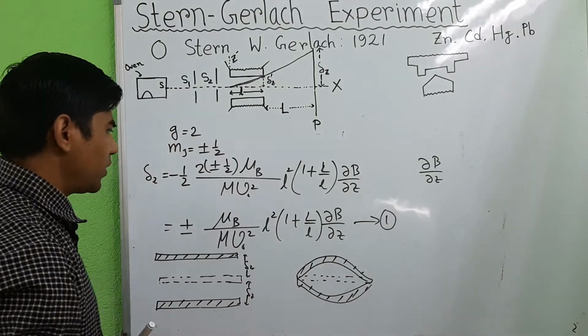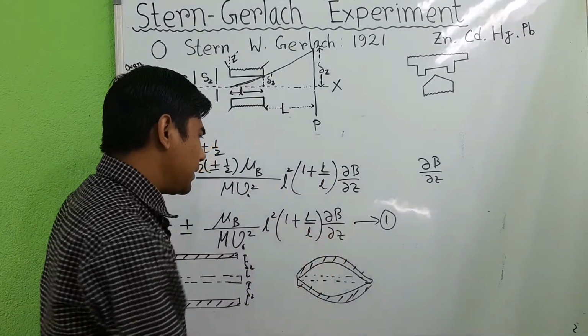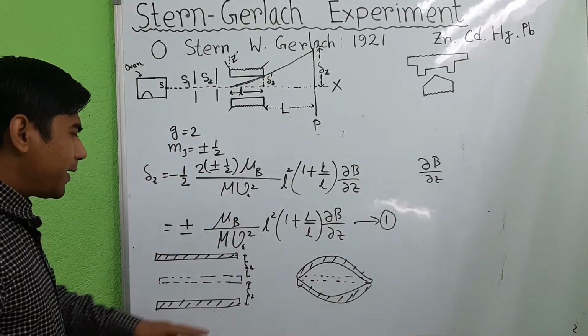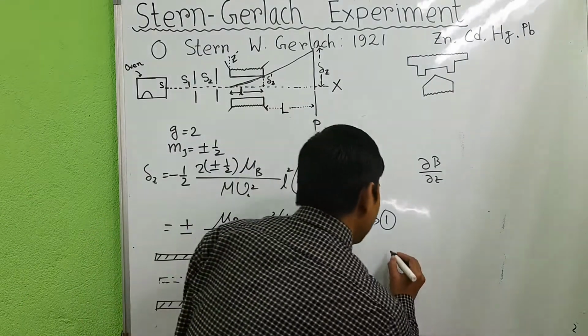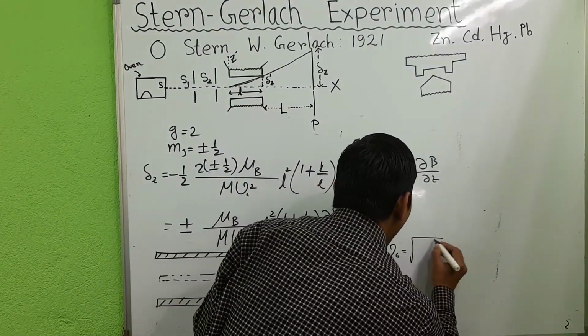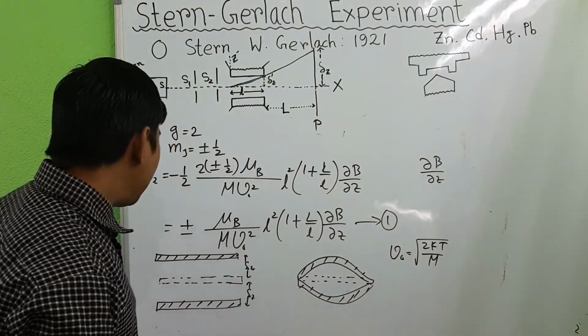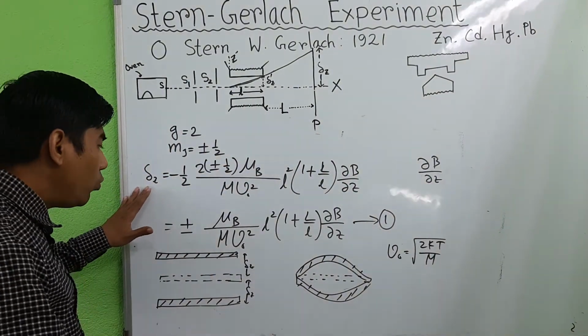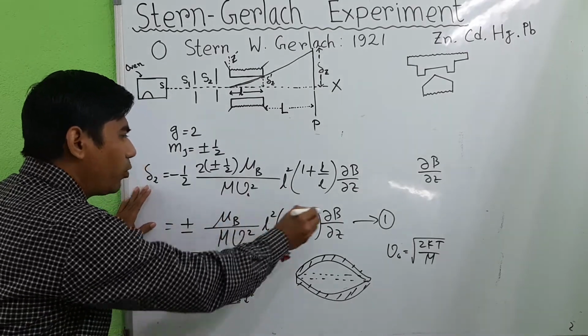Now, by measuring dB/dZ and delta Z, and taking V0 to be the most probable velocity, that is V0 equals root over 2kT by m, the value of the magnetic dipole moment mu B is calculated from equation 1.